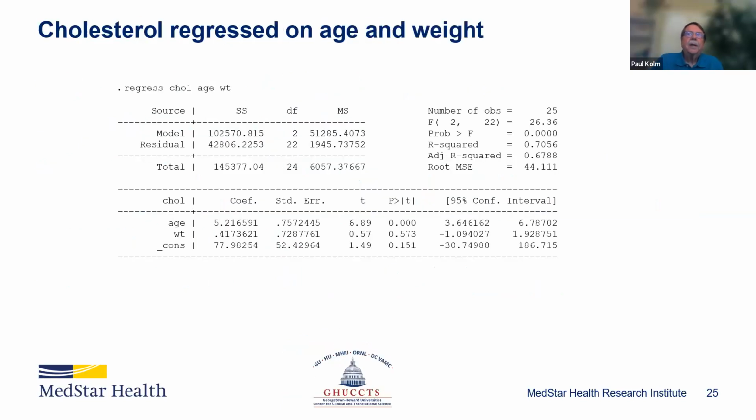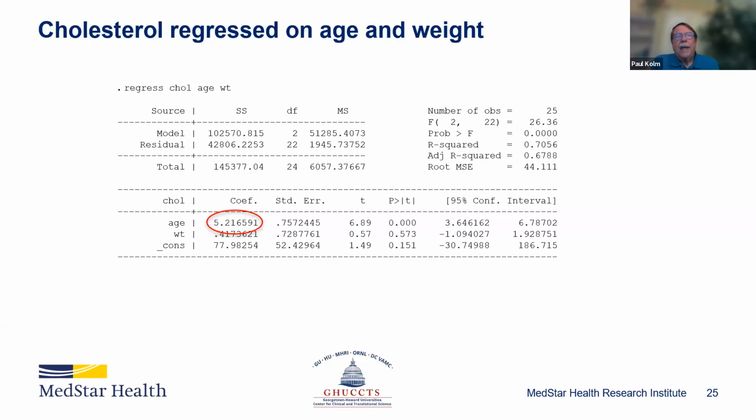And so here's the output from looking at age and weight in combination as far as being associated with or predicting cholesterol. Again, you see that we have our regression coefficient for age. And you remember from when we just did age by itself, it was 5.3.